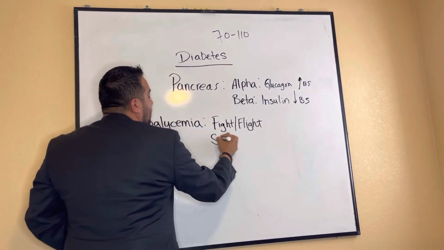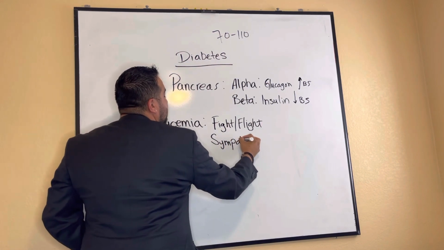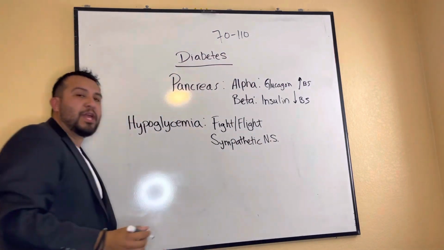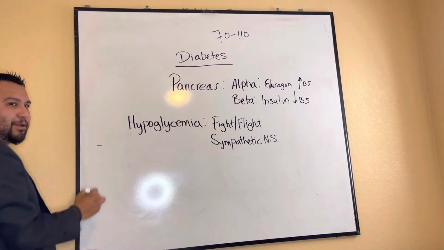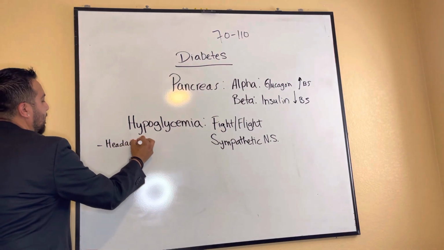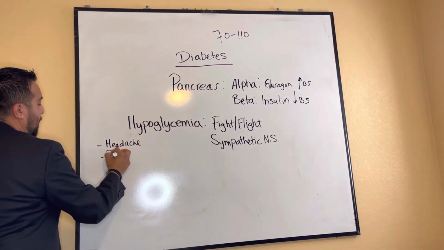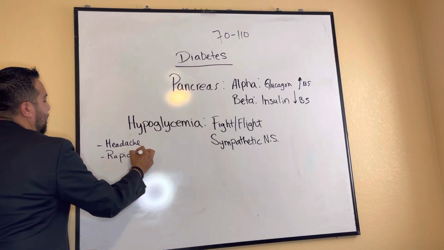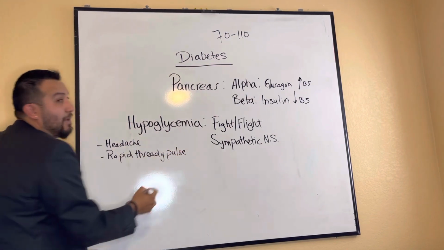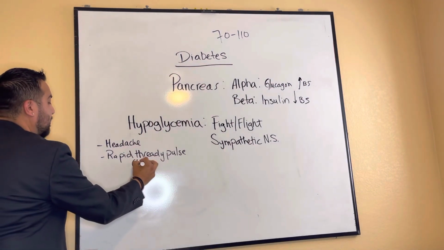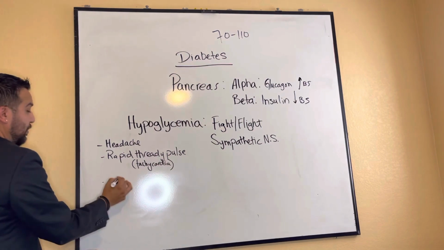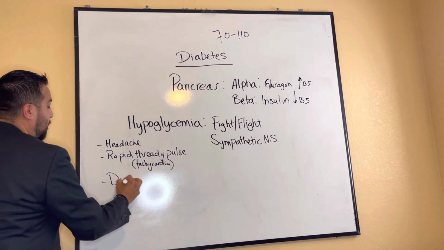Okay? It's the activation of your sympathetic nervous system. Okay? You can memorize all the details of hypoglycemia. We can say the patient has a headache, the patient has a rapid thready pulse. So they will have tachycardia, in parentheses. The patient will be diaphoretic.